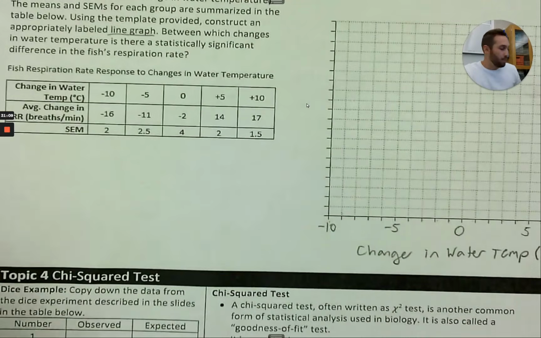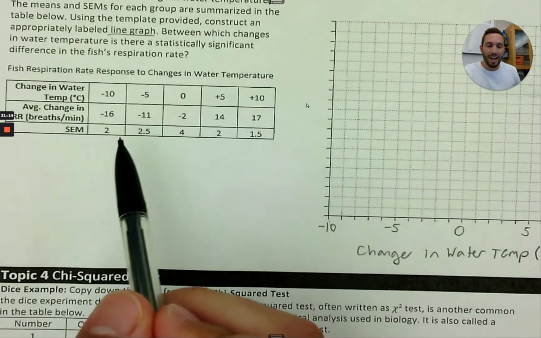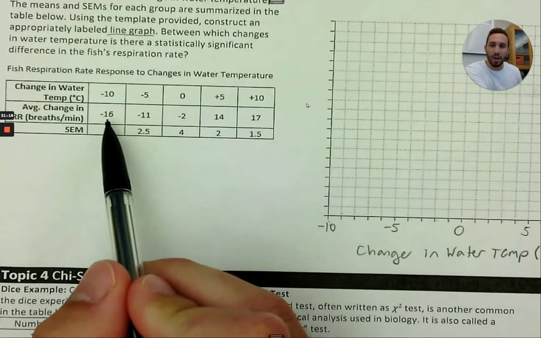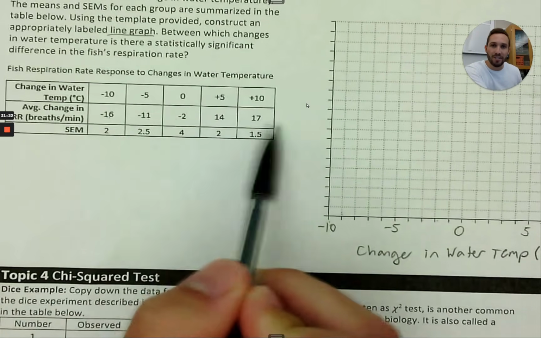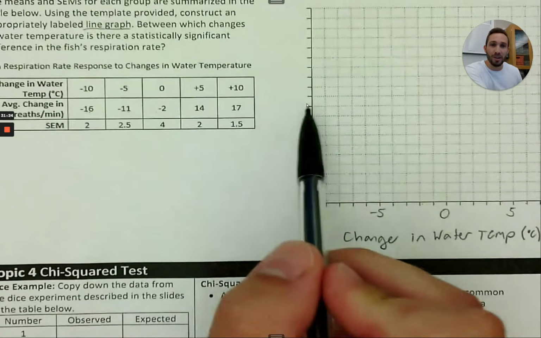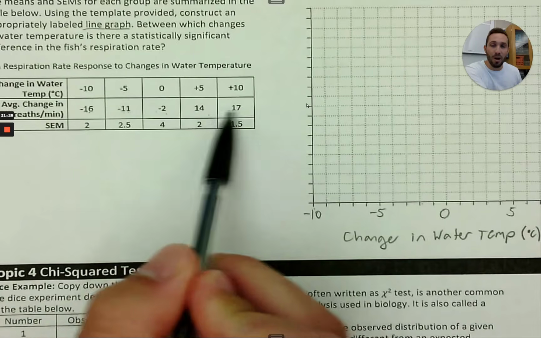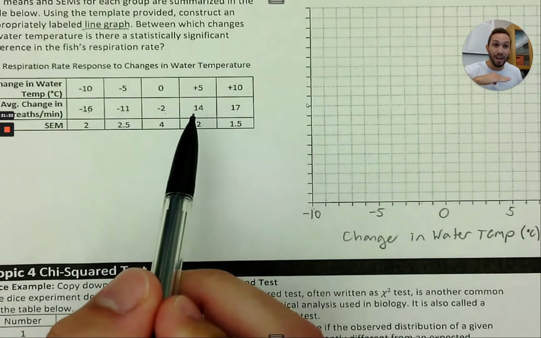Not only are we going to plot these averages on our graph, we're also going to have to create error bars. And those error bars are going to go ±2 standard errors for each of these averages. So you need to make sure that your graph is not only going to fit these averages, but also the error bars that are going to go +2 and -2 standard errors.